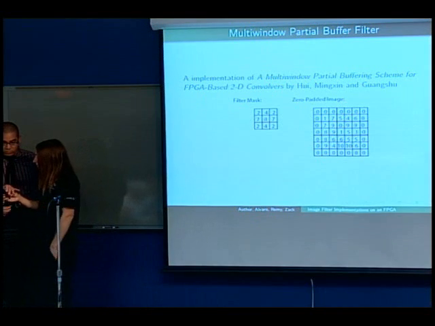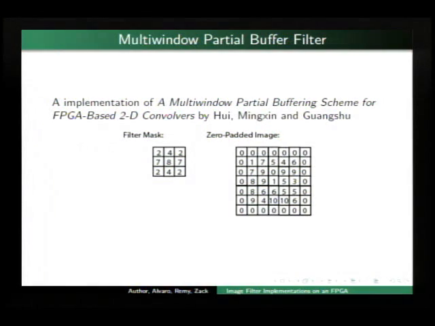So, okay. Expanding on this, after being introduced to a paper last week, we looked at multi-window partial buffering filters. It's from a multi-window partial buffering scheme for FPGA-based 2D convolvers by Hu, Mingxing, and Gang Xu.